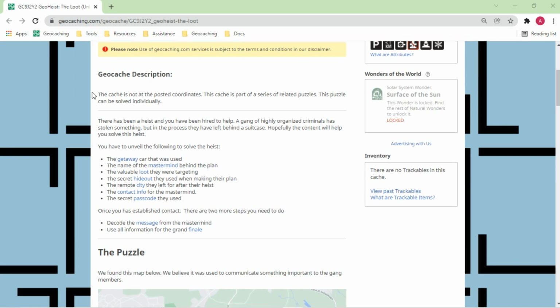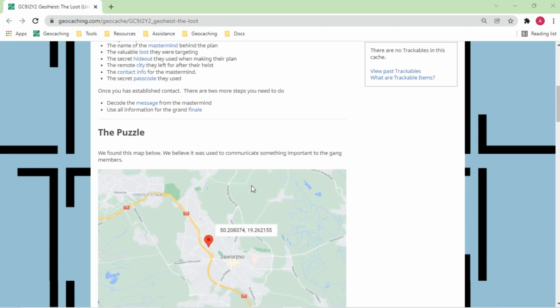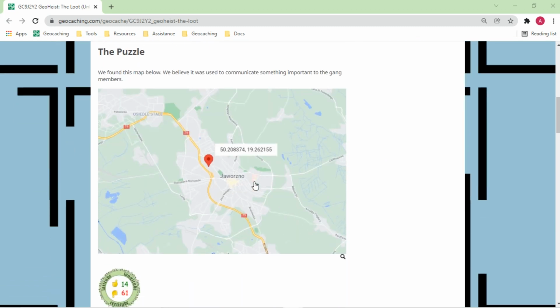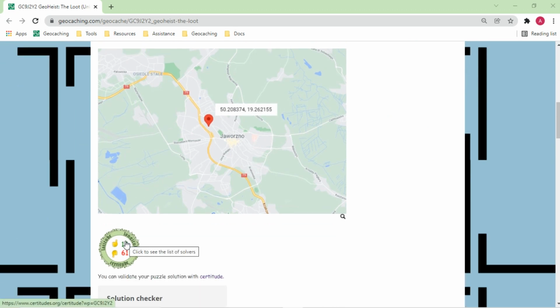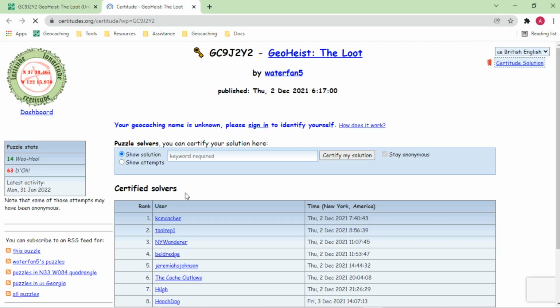Because they're part of a series, the first part is kind of like showing the other caches in the series, so that's not the actual puzzle. The puzzle is located here, same as the screenshot that I showed you, and we see here the Certitude checker. So let's take a look at that. And we see here that it says keywords required.